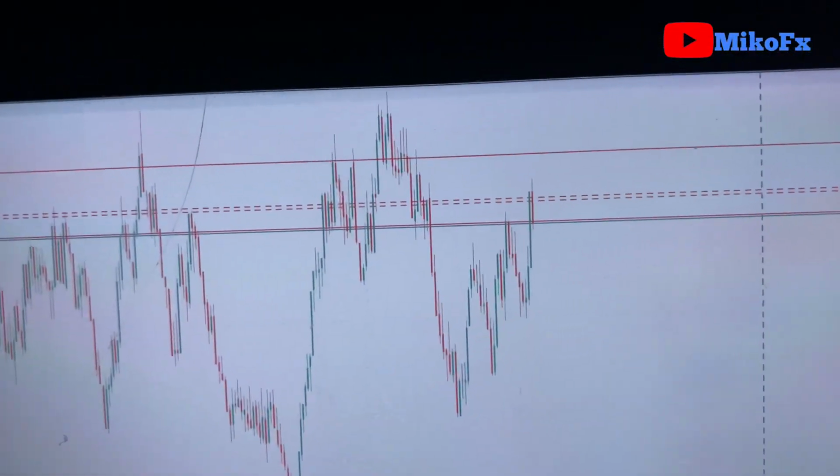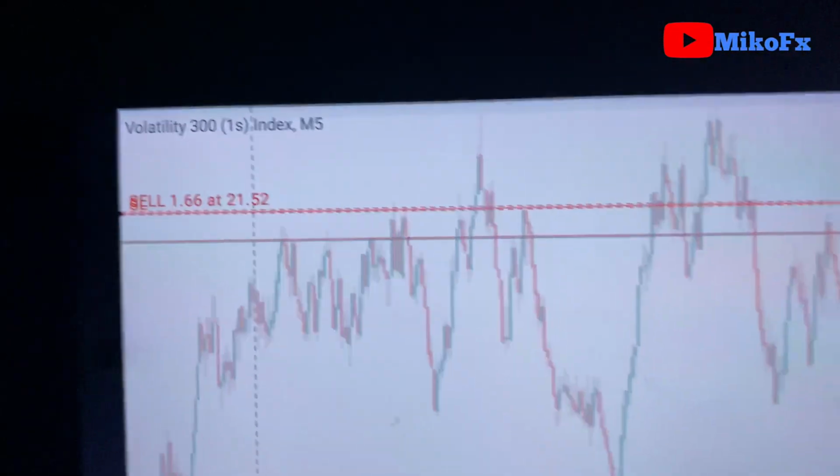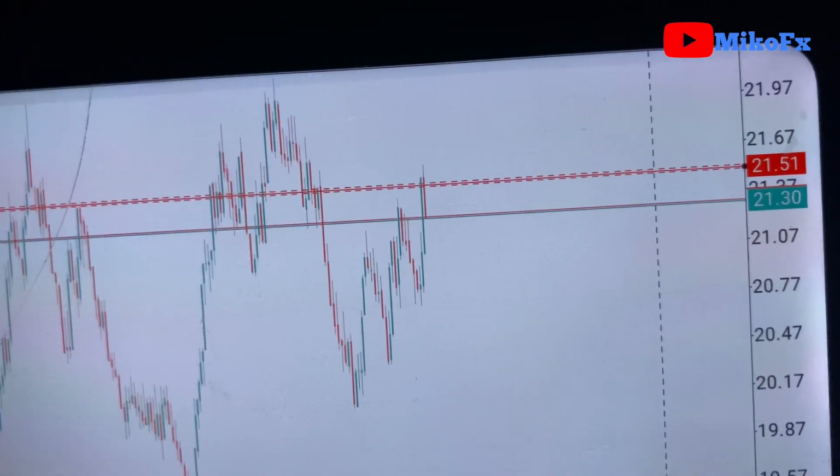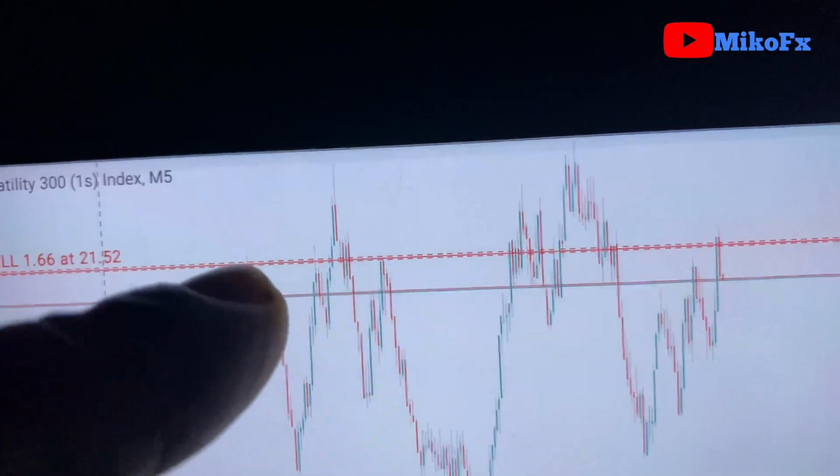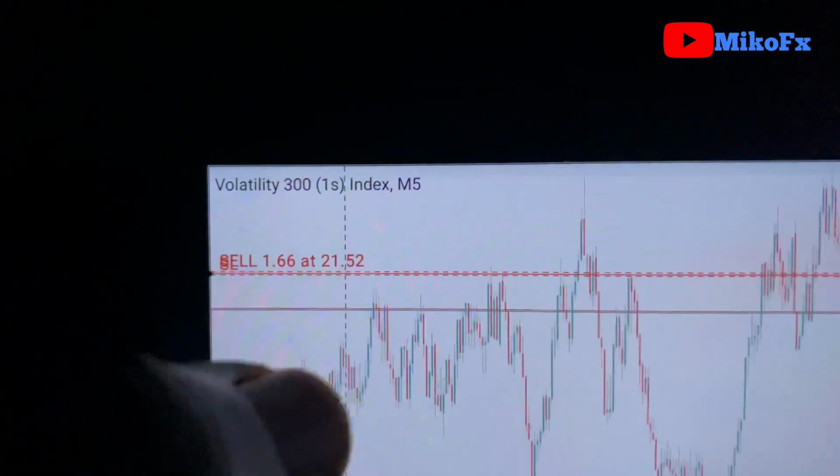Okay, guys, this is another trade I entered on a key level. This is Volatility 30 1s. I'm in profit. I've taken my first profit already. The reason why it's on a key level: if you look at the level I entered, you see that it was tested here, here, and here, and if you keep going back, you see that it's been tested multiple times in the past.